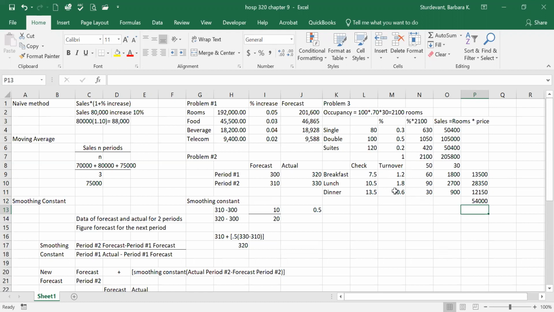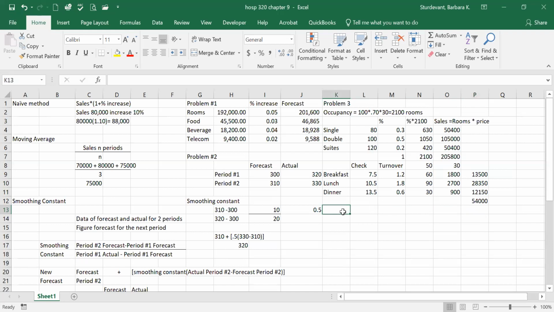So this is given to you. This is figuring out the number of meals by taking the seats times the turnover. This is taking the seats times 30 days because it's April. And then this is taking your meals times your price, and that's giving you your sales.